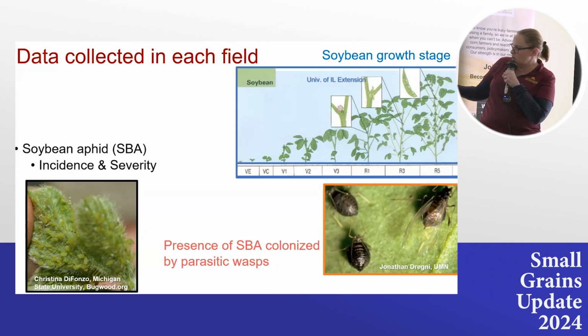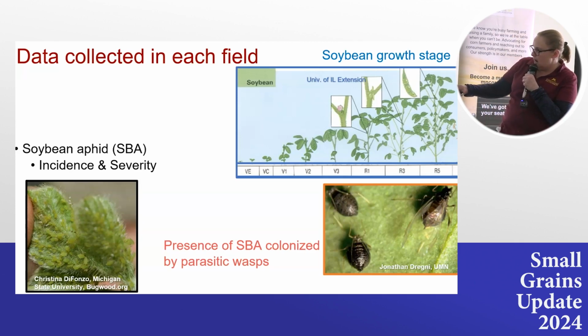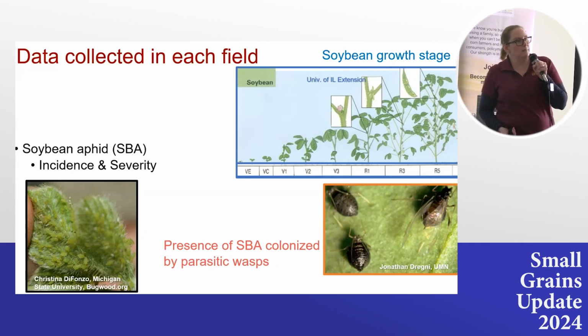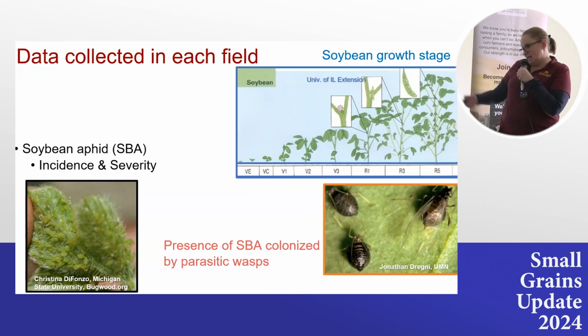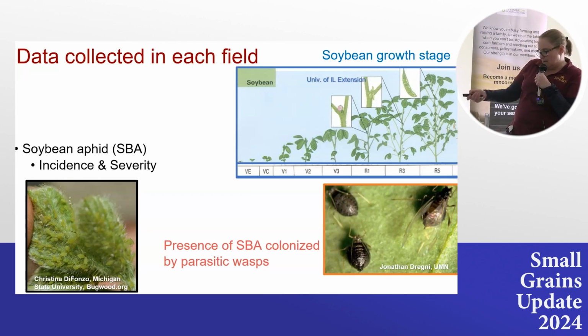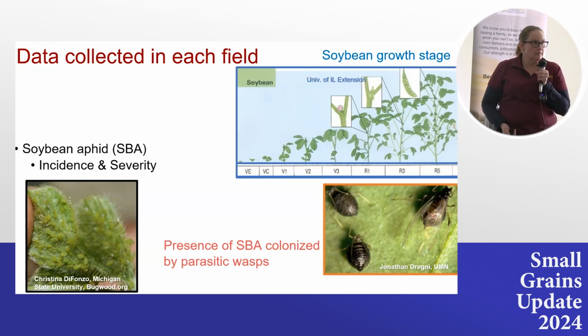So here, these are called aphid mummies. These aphids have been colonized by a parasitic wasp. And so they're dead, and at some point another wasp is going to hatch out of them. But our natural enemies do a good job for us some years.